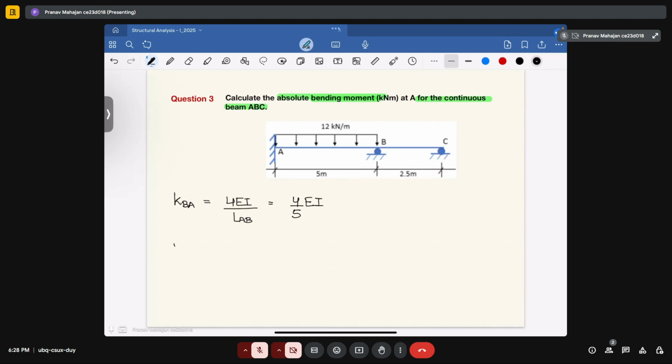Okay, now K of BC will be equal to 3 EI upon L of BC, and that will give you the value as 3 divided by 2.5 EI, and that will come out as 6 by 5 of EI.